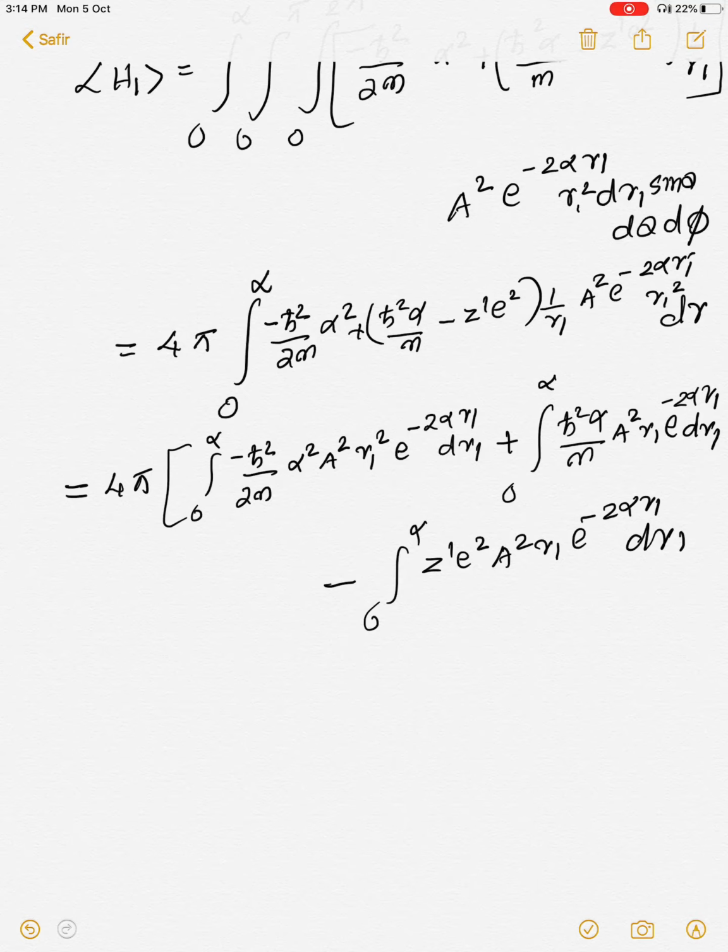These are the 3 integrations. I just opened up the brackets and split it into 3 terms as integrations from 0 to infinity.